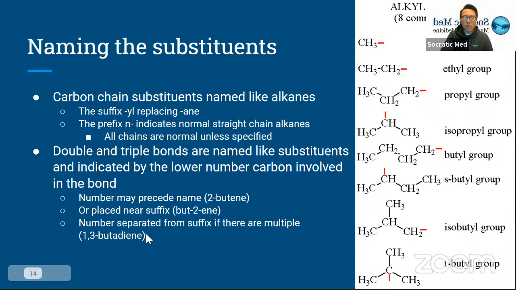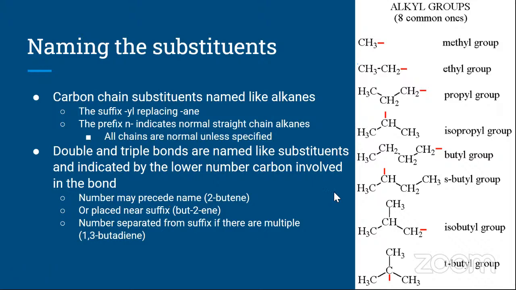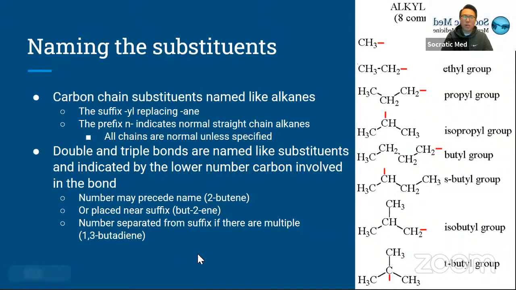The length of the chain is butane, and then the di signifies that there are 2 double bonds in the carbon chain, and then the ene specifies there is a double bond in the carbon chain. So they're very specific about everything. When naming, you have to identify everything in this molecule, and this is why there are no 2 molecules that have the same name but look different when drawn out.